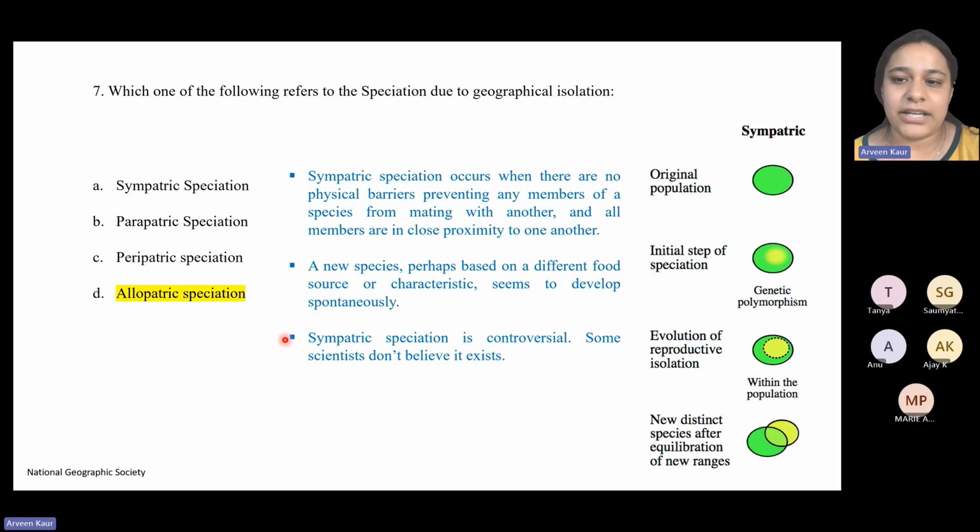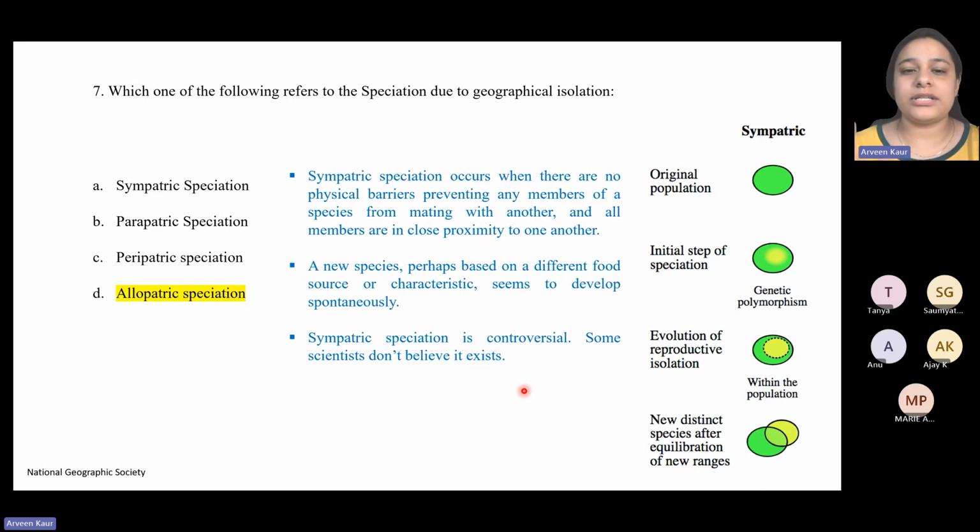But in an original population itself, there might be some kind of preference changes that might occur due to which there is a spontaneous generation of newer species within the population, right? So that is why, when you see over here, there is overlap between the two species that is present. It is a concept that is still under a lot of debate whether sympatric speciation happens or not.